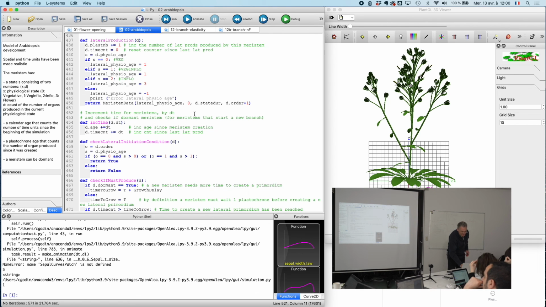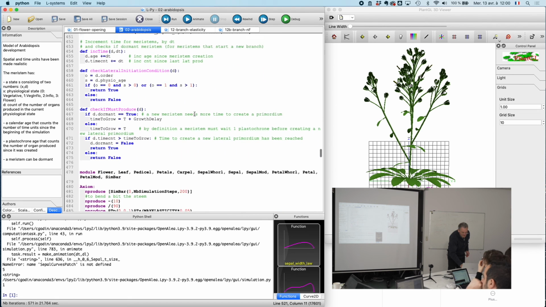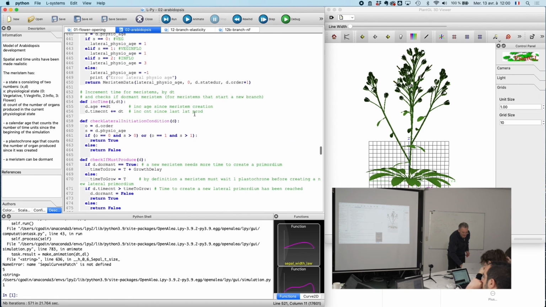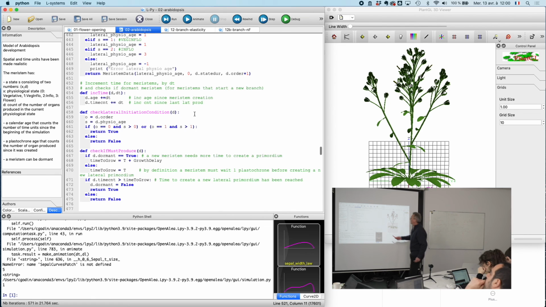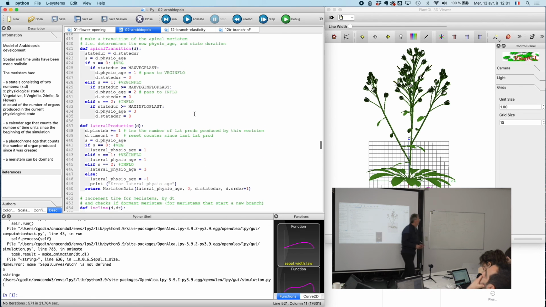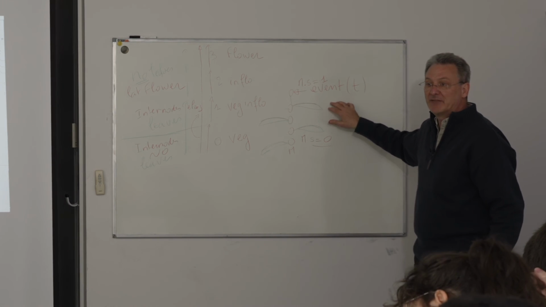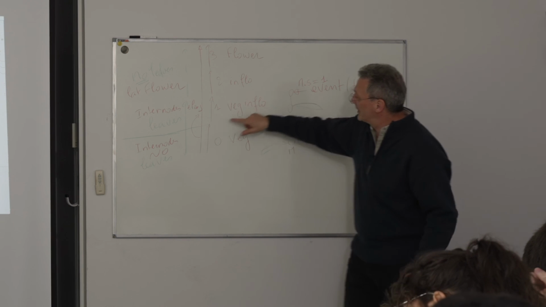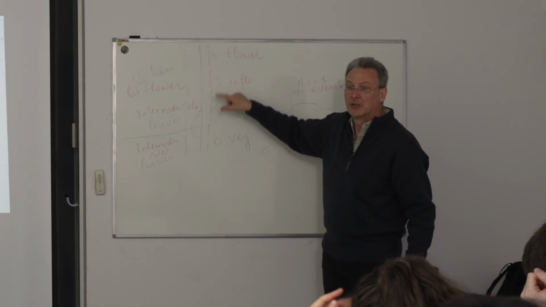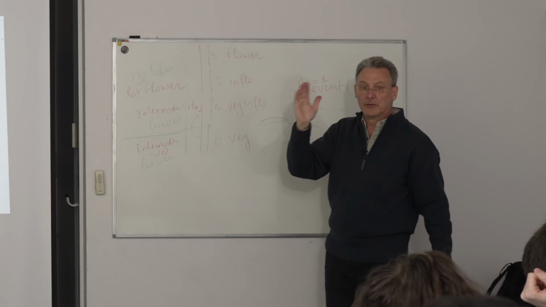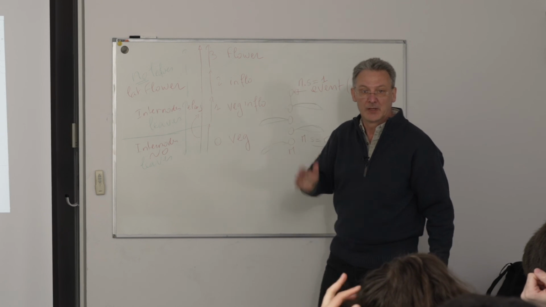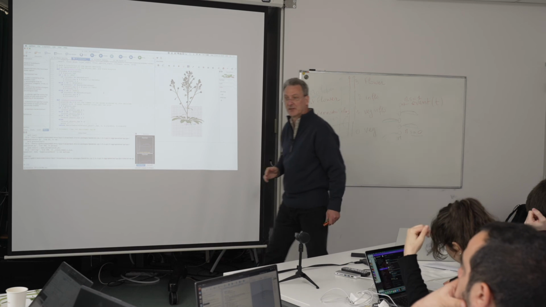I want to speak about the apical transition. So the function that will take care of the event. What is the event that will make it possible to switch the state of the meristem on the main stem?